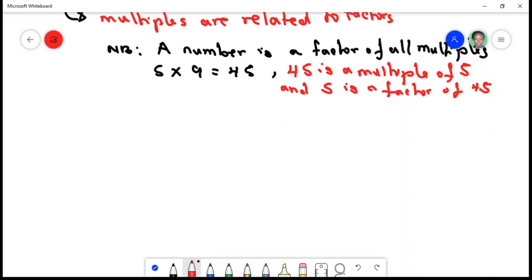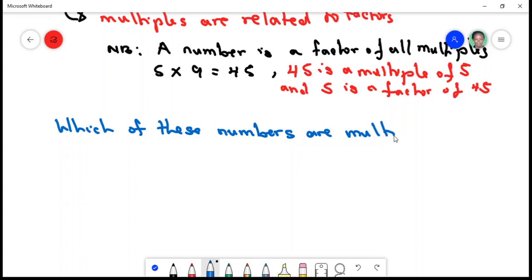Let's look at this example. Let's check which of these numbers are multiples of 16.